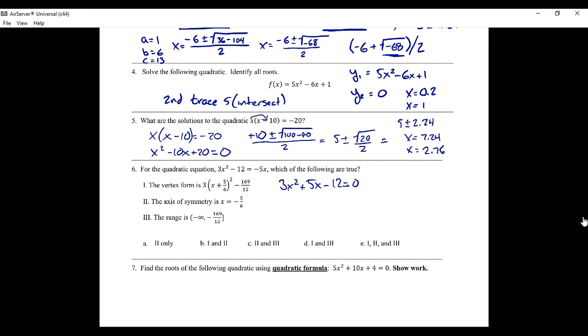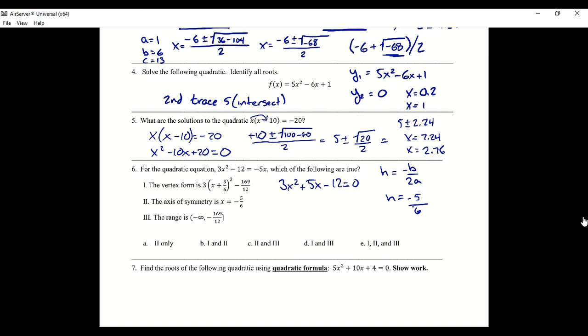We could do this by completing the square, or we could simply observe that h is equal to negative b over 2a, or h is equal to negative 5 over 6. So that's our h value of our vertex.